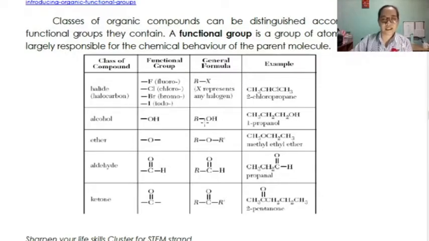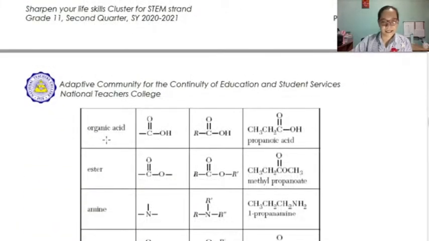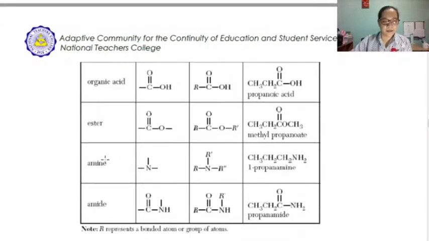These are the ones attached to a certain compound which is responsible for the chemical behavior of the parent molecule. So we have the halide, alcohol, ether, aldehyde, ketone, organic acid, ester, amine, amide.